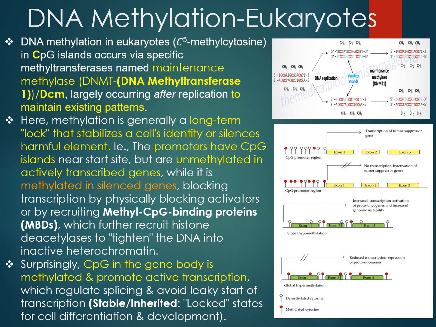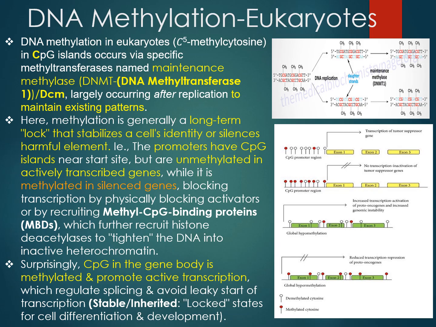When histone deacetylation happens, the gene expression will not happen. The chromatin structure will be tightened into a heterochromatin form. Surprisingly, CpG is also there in the gene body, which is methylated, but this will promote the active transcription.